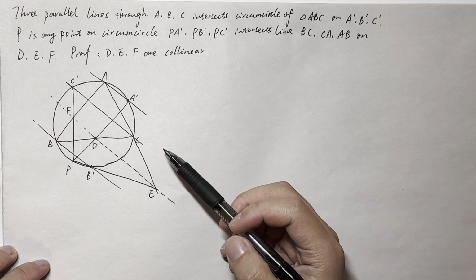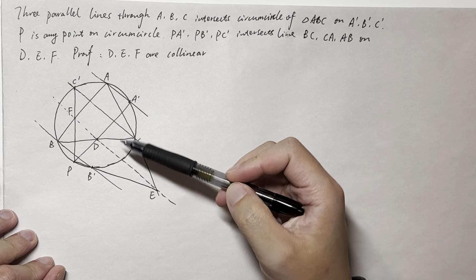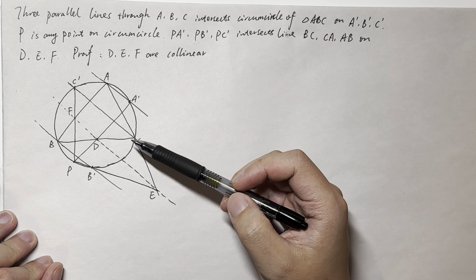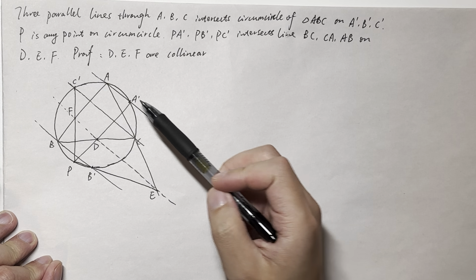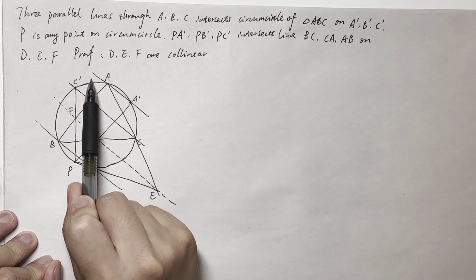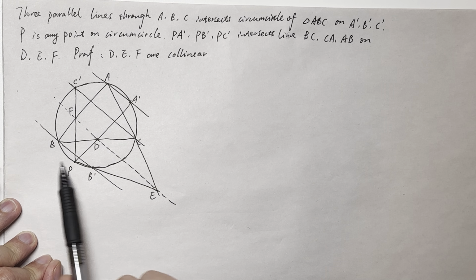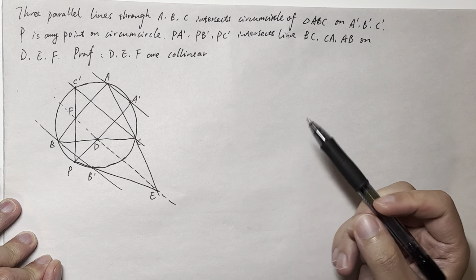Here is the problem. Three parallel lines through A, B, C intersect the circumcircle of triangle ABC at A', B', and C'. So you can see AA' is parallel to CC' is parallel to BB'.